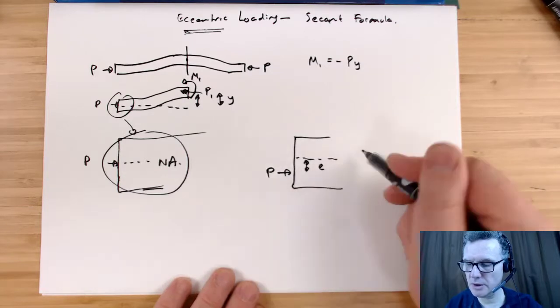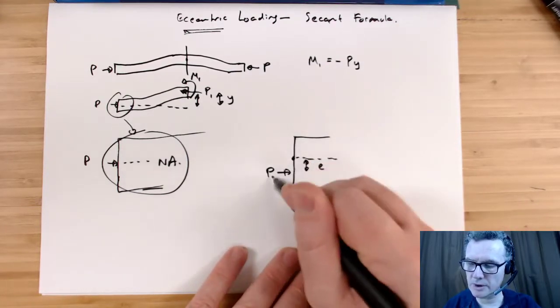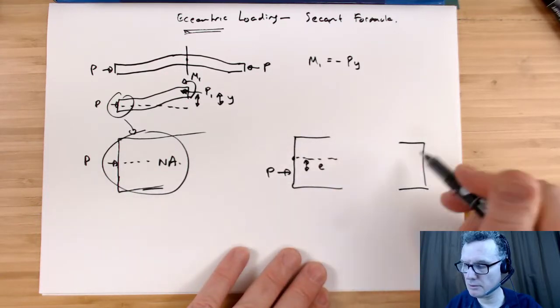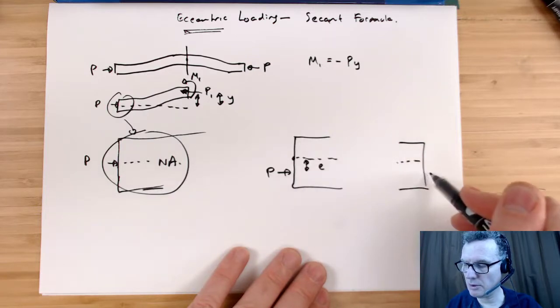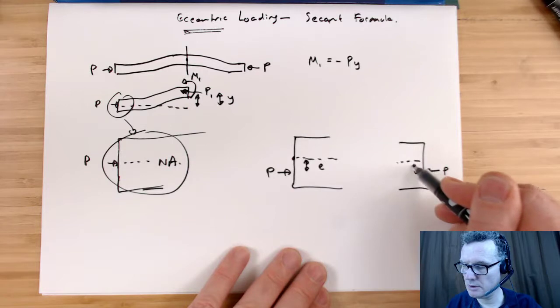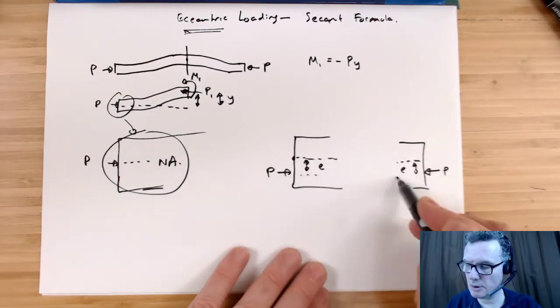So we've got a little bit of e being applied there. This is an external force. If we go to the other end, we'll have the other external force being applied here, e distance a bit below.